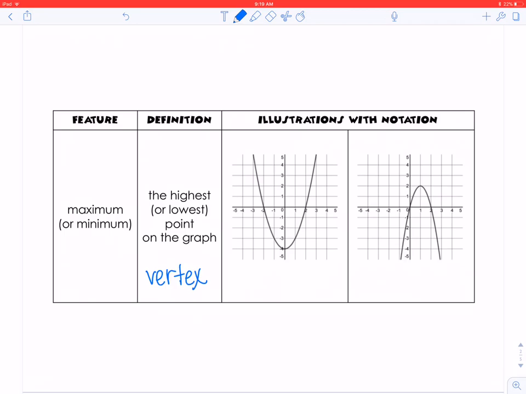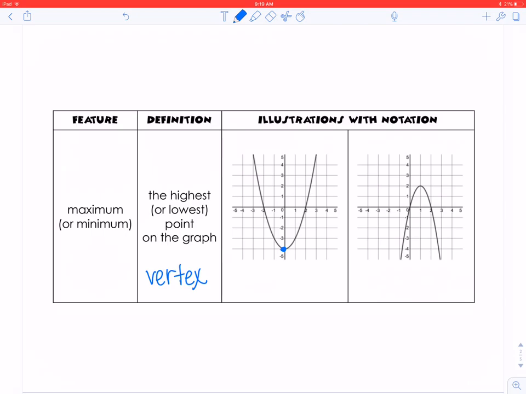This graph opens up, and so our vertex is right here at the point 0, -4. Now the question is, is that vertex the highest or the lowest? Is that our highest or lowest point on the graph? So it is the lowest since we're opening up.